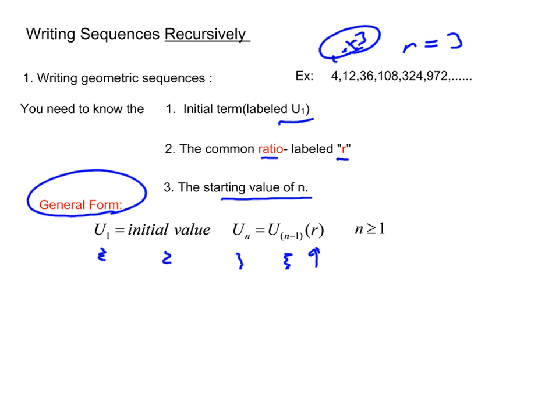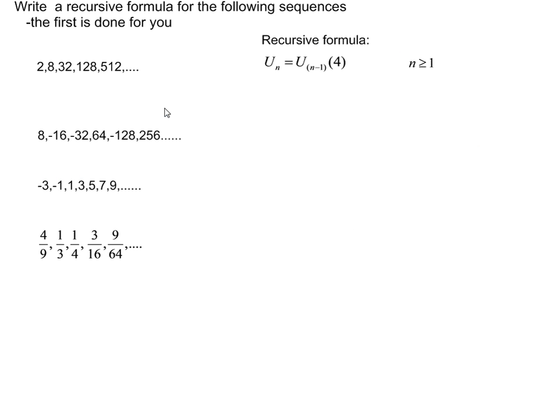So for this sequence up here, u sub 1 is equal to 4. U sub n is equal to u sub n minus 1 times 3. And n is greater than or equal to 1. Let's practice this a little bit. Can you write the recursive formula for the following sequences? And again, the first one's done for you.